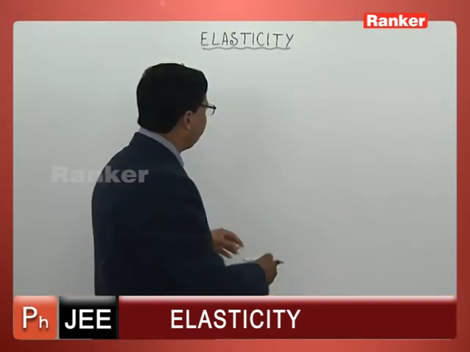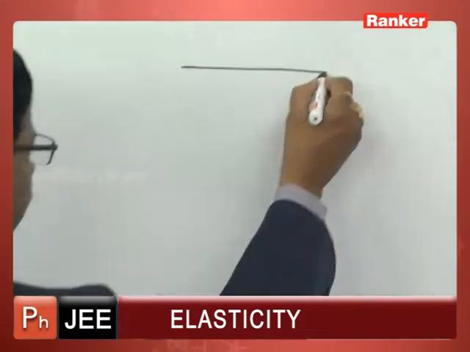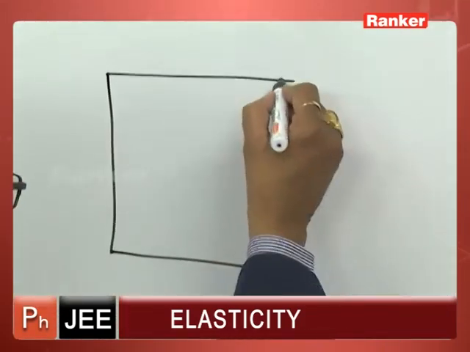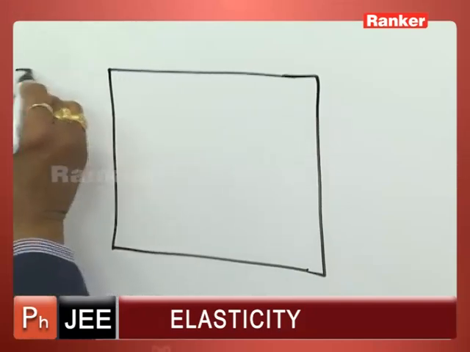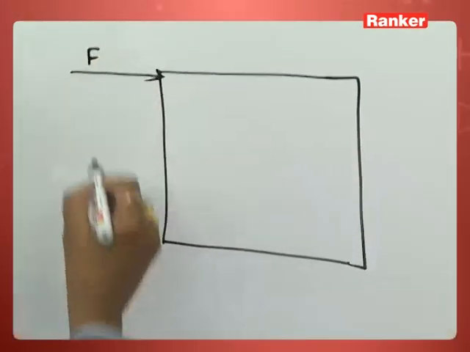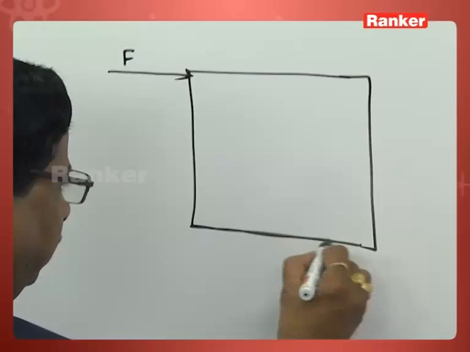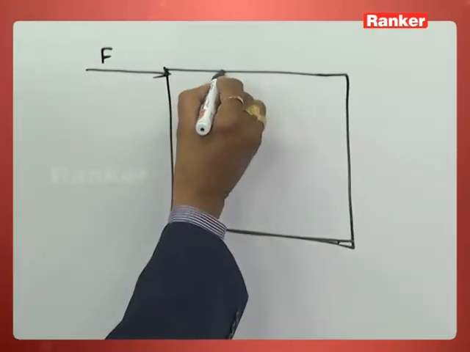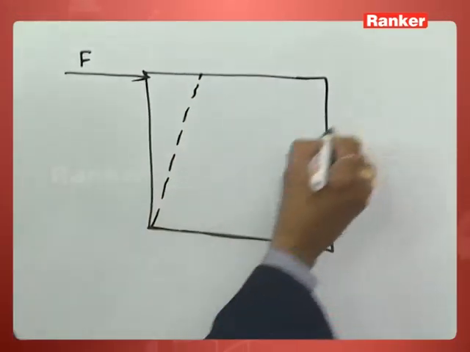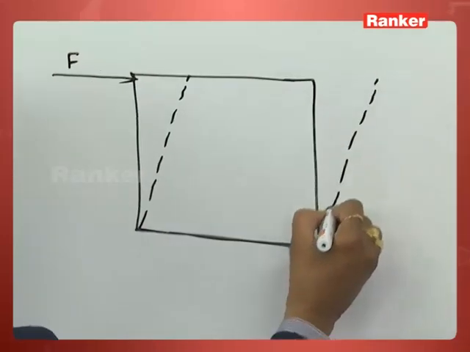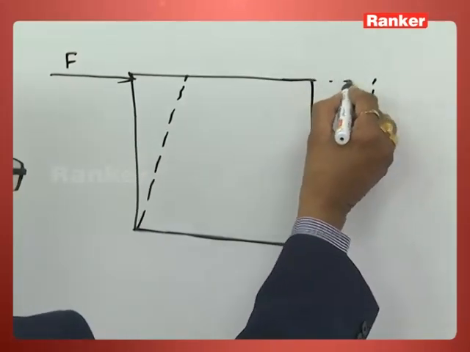What he is discussing here, just look at in this figure. There is a cube like this. A tangential force F is applied at the top without moving the bottom of it. Due to that, there is a deformation in the topmost layers of this cube.